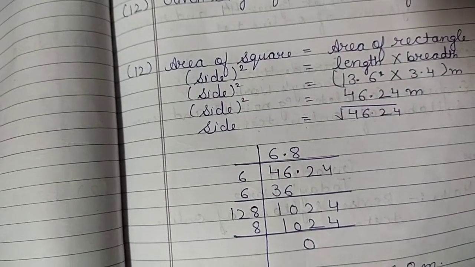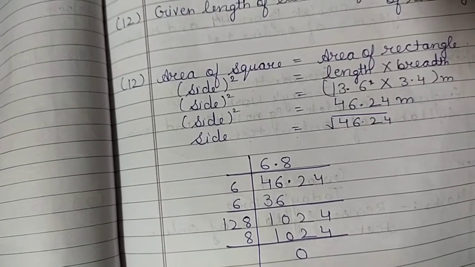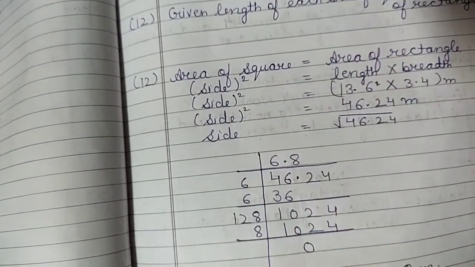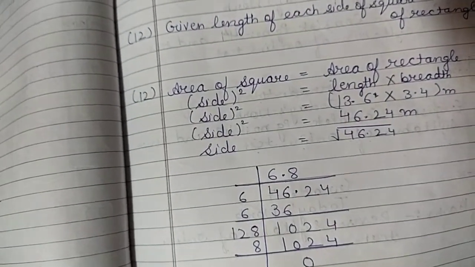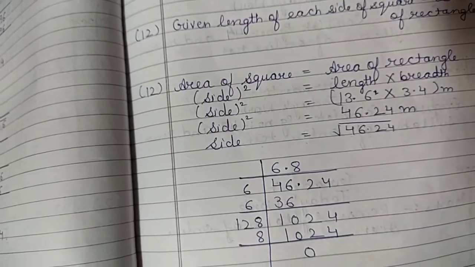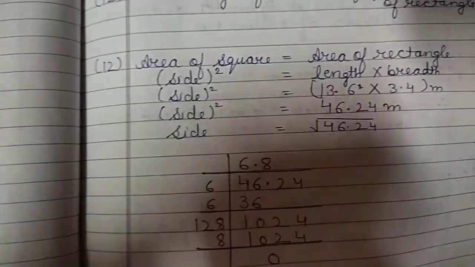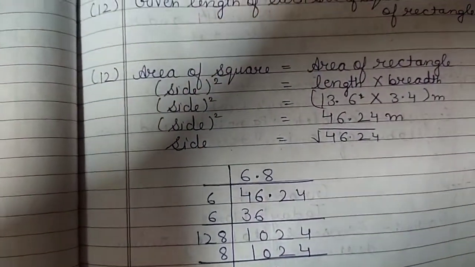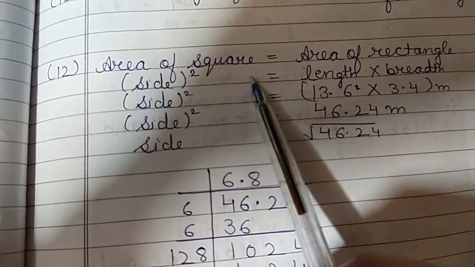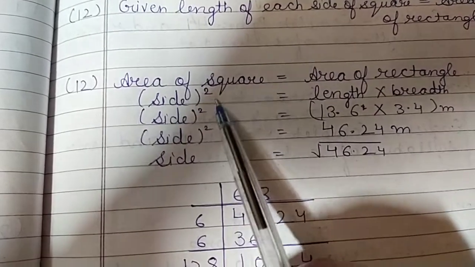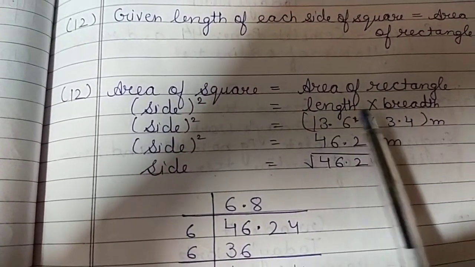We are also given that the area of the square is equal to the area of the rectangle whose length and breadth are 13.6 meters and 3.4 meters respectively. We know the area of a square is side squared and the area of a rectangle is length into breadth.